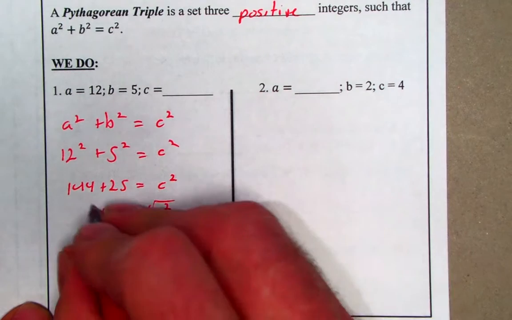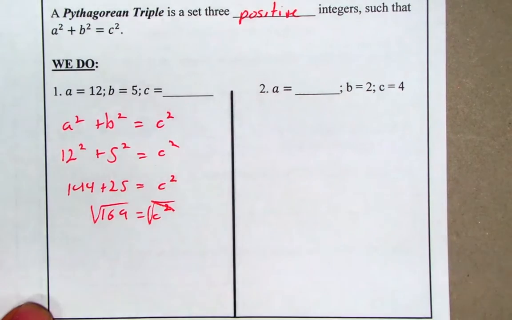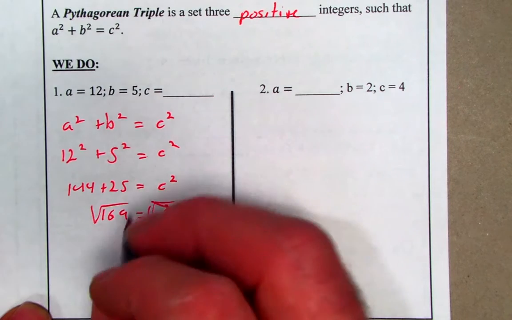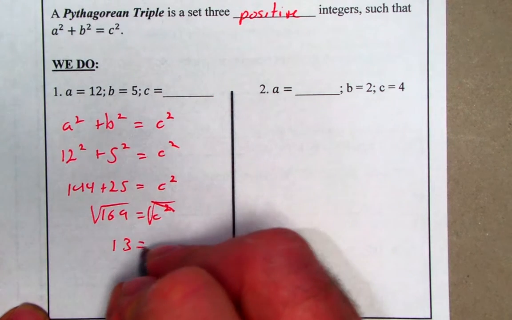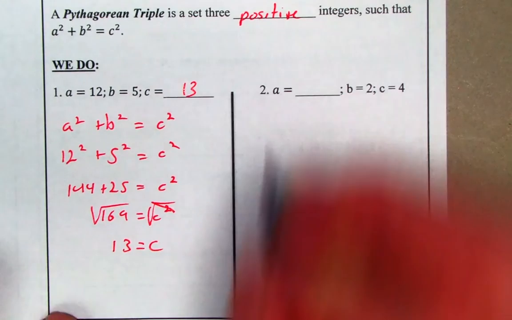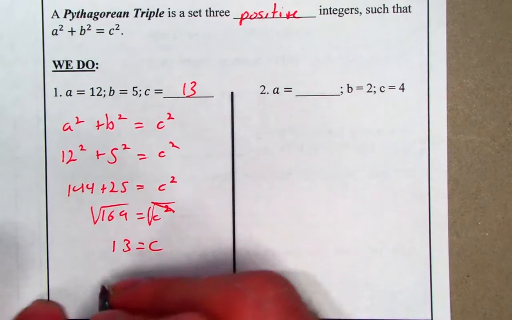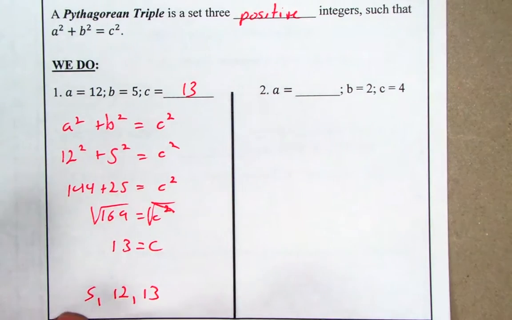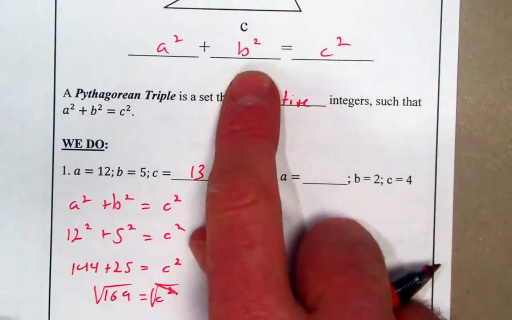We square root both sides to cancel out the square to get the C by itself. And again, we're taking the positive answer here of 13. So that makes the triple 5, 12, 13. That group of numbers is a Pythagorean triple because they make that equation true.